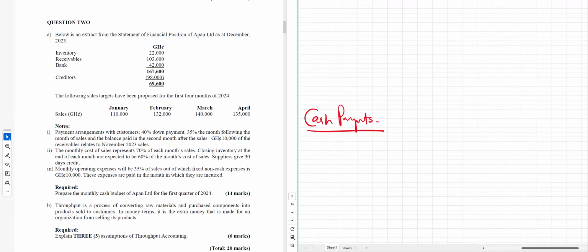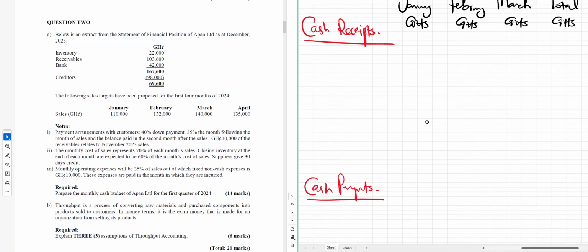So as I read, I pick. So you first start by what? Running through the notes. Payment arrangement with customers is 40% down payment now. So 40% down payment means that is what? That is cash sales. Do you understand? So if you do 40% down payment, is it not cash sales?